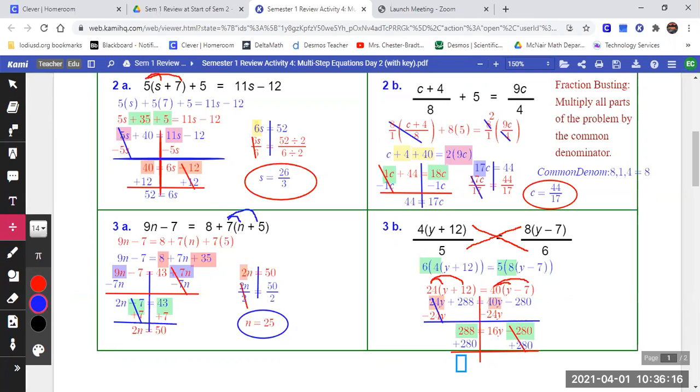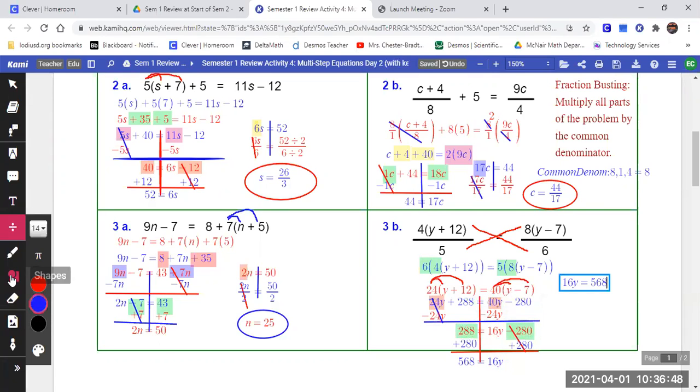Come on, guys. 568 has to equal the 16y, right? But we don't write it that way. So when we come up to the top, we're going to fix it. 16y equals 568.